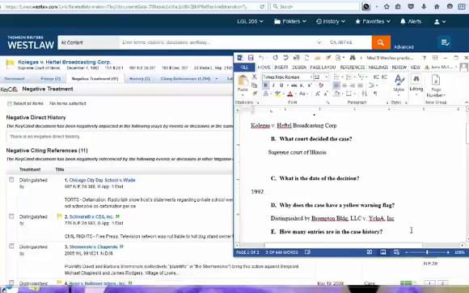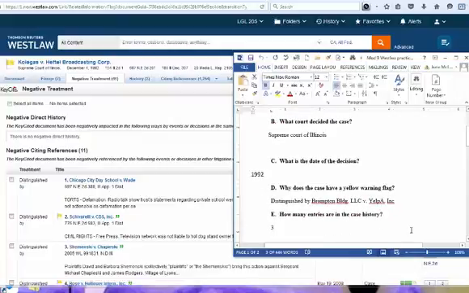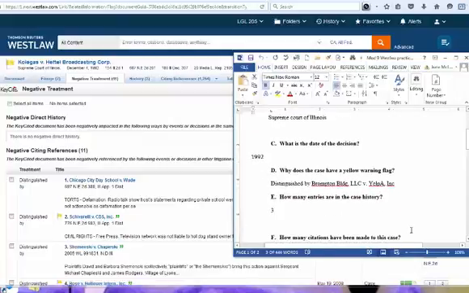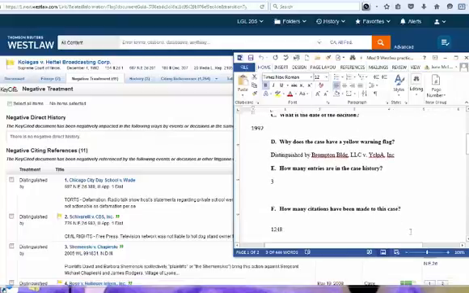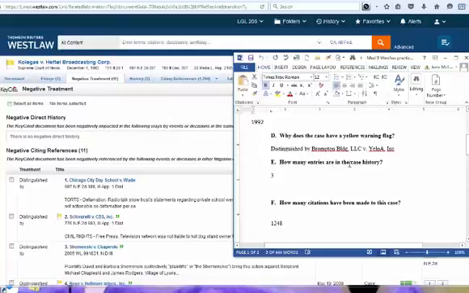How many citations have been made to this case? Why does it have a yellow flag warning? I'll go back and look. I'll have to go see what your answers were on those, but I really will take it easy, since it's funky with how Blackboard grades. How many entries are in the case history?